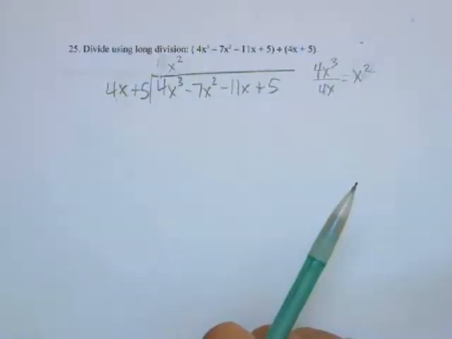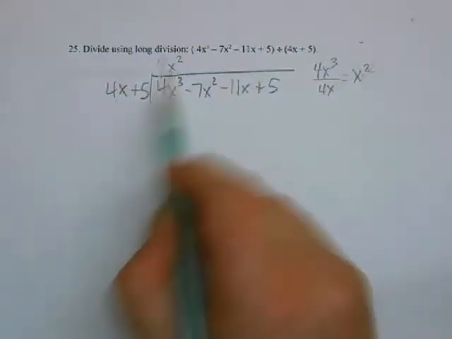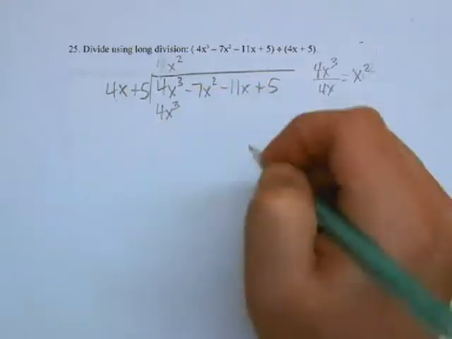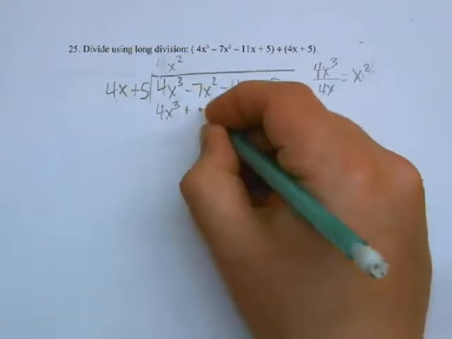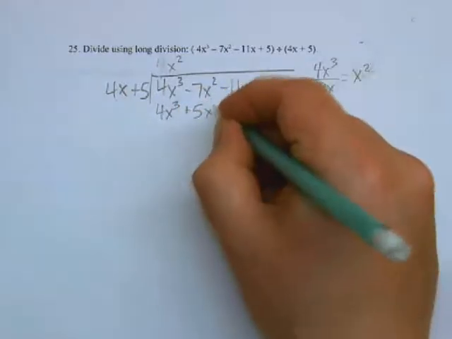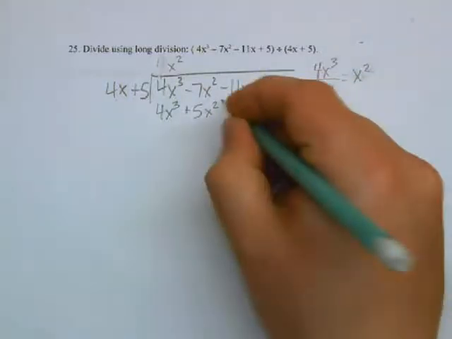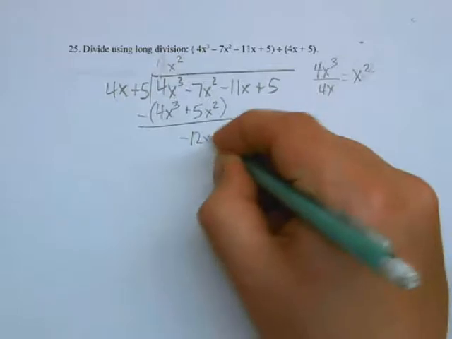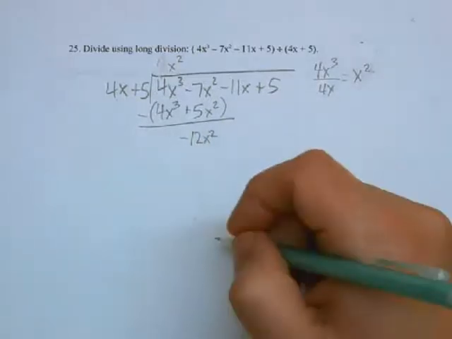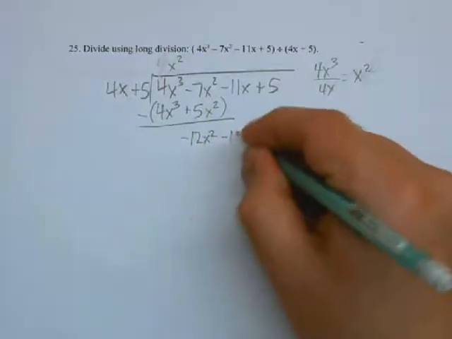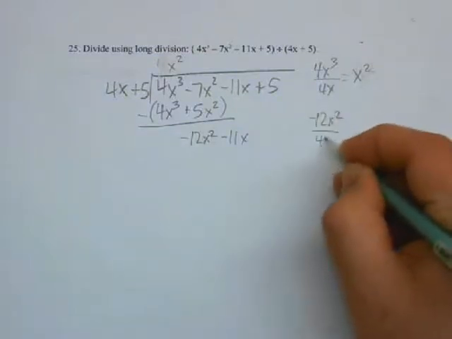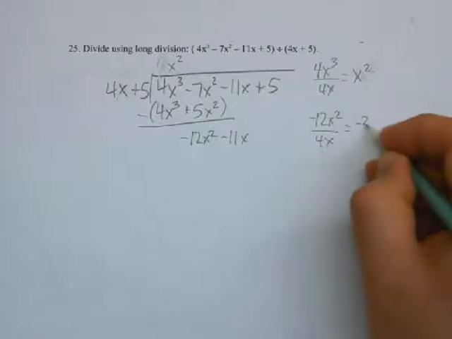Shame, shame. So I'll multiply x squared by the 4x plus 5, and I get 4x cubed plus 5x squared. I subtract, and I get negative 12x squared. I'll bring down the negative 11x. Negative 12x squared divided by 4x is negative 3x.